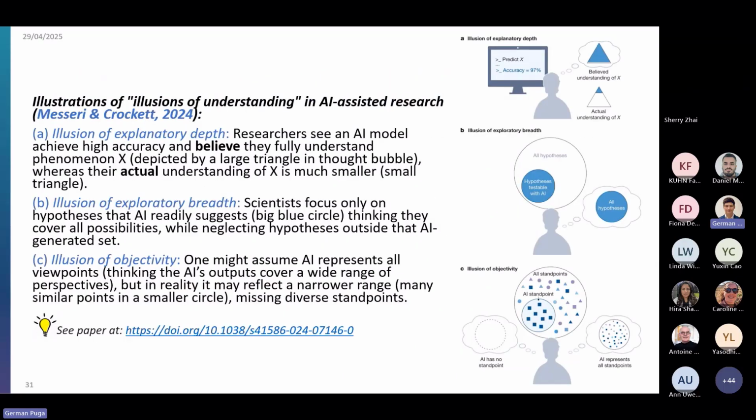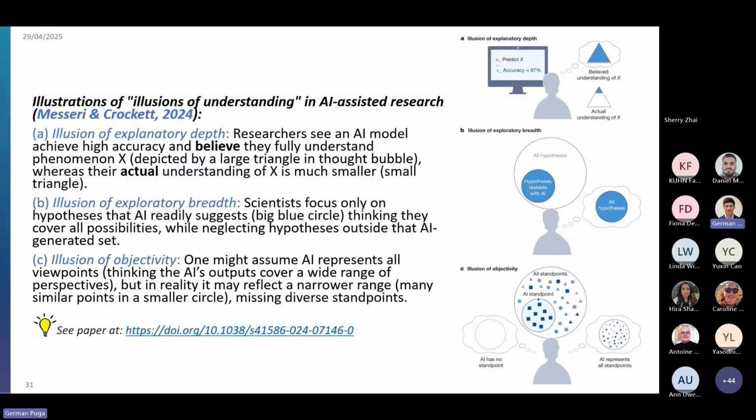Now the illustrations I think are even better. Again, a picture says 1,000 words. Up the top there, I believe I have this really in-depth understanding, but my actual understanding is XYZ, overconfidence in that sense. I think all hypotheses are what the AI tells me, but actually there's this whole universe outside of it, right?